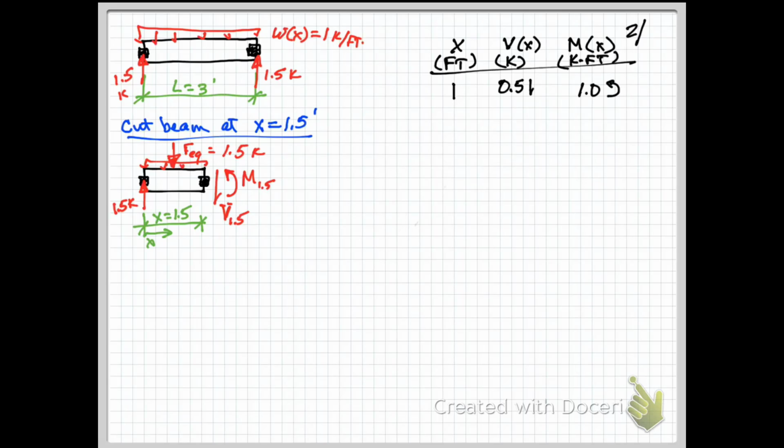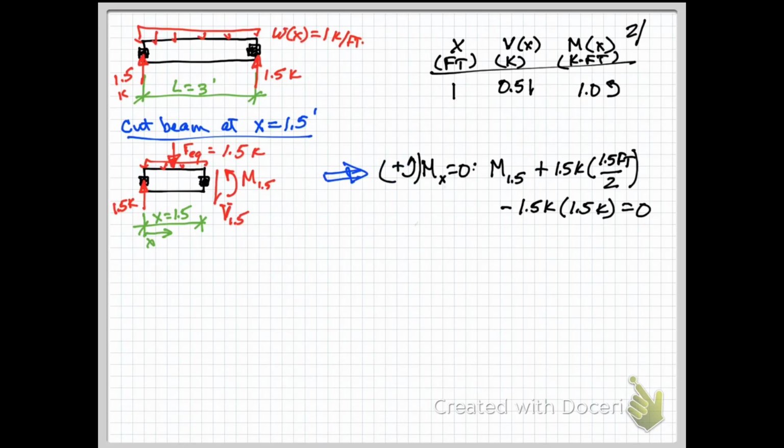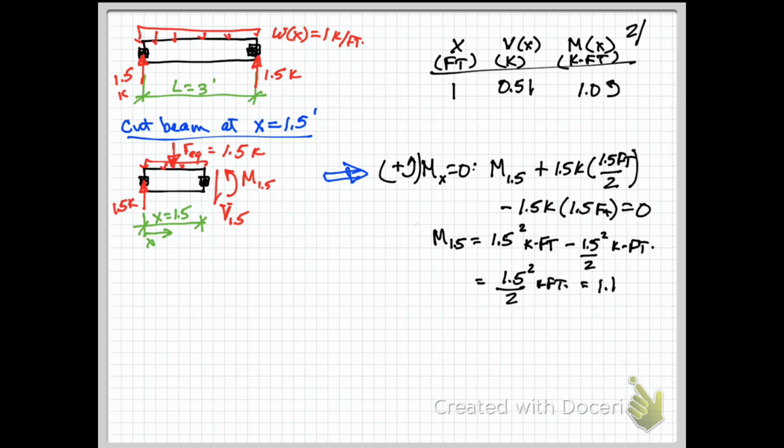You'll notice that I labeled the shear and the moment as shear sub 1.5 and M sub 1.5 to indicate the value of x. Summing moments about the cut surface, we get M of 1.5 equal to 1.125 kip feet.